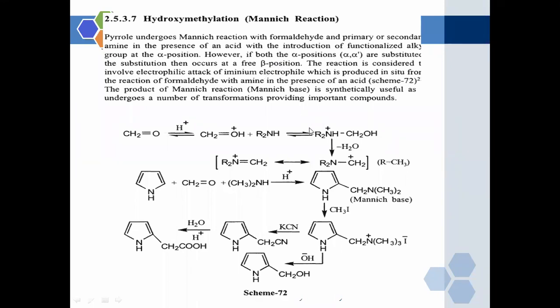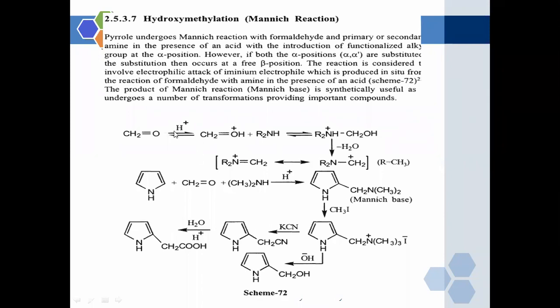This reaction is considered to involve an electrophilic attack of an iminium electrophile, which is produced by the reaction of the amine with the formaldehyde.